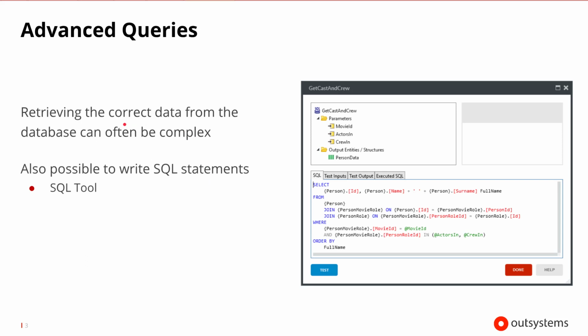So when we're retrieving data, like we talked about in the aggregates, sometimes that data coming back from the database can be fairly complex because we need multiple sources of data and we need to be able to manipulate that data in different ways. So it's also possible to write SQL statements that are fairly complex using the SQL tool.